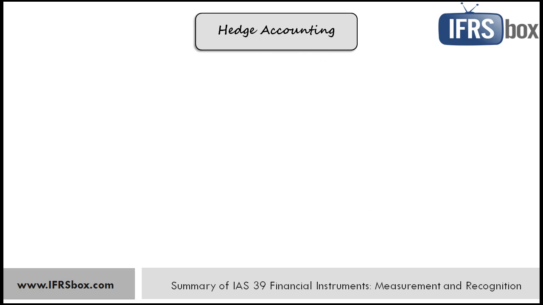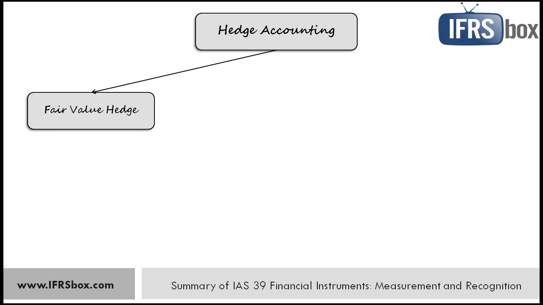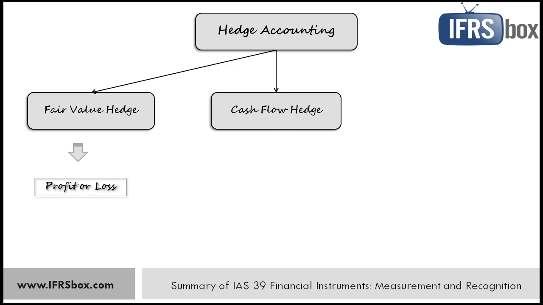IAS 39 then describes hedge accounting for three types of hedges. A fair value hedge is a hedge of the exposure to changes in fair value, and the gains or losses from the change in fair value of the hedging instrument and adjustments to the carrying amount of hedged items shall be recognized in profit or loss. A cash flow hedge is a hedge of the exposures to variability of cash flows, and here you shall calculate the effective and ineffective portion of the hedge.